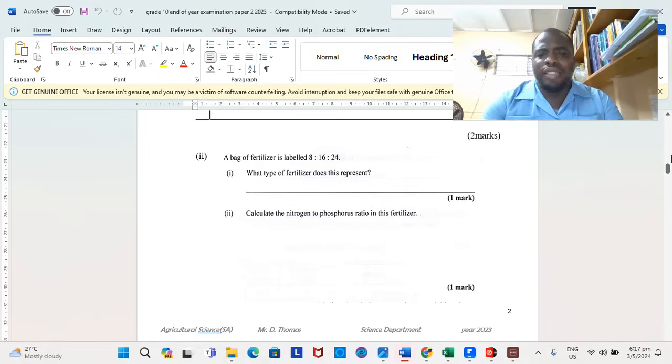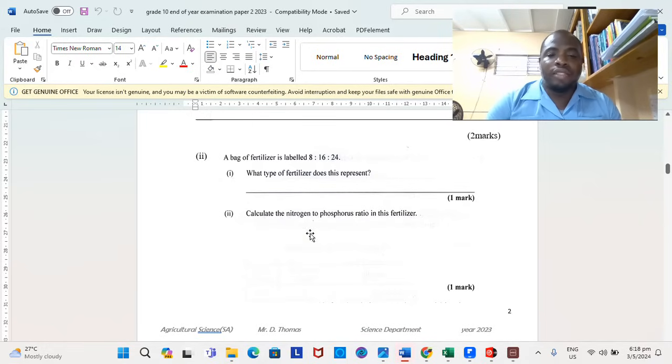In some instances, CXC may mark you correct if you say an NPK fertilizer. But I want to use the term complete, in the sense that it has some amount of each primary nutrient. So it has 8% nitrogen, 16% phosphorus, and 24% potassium.